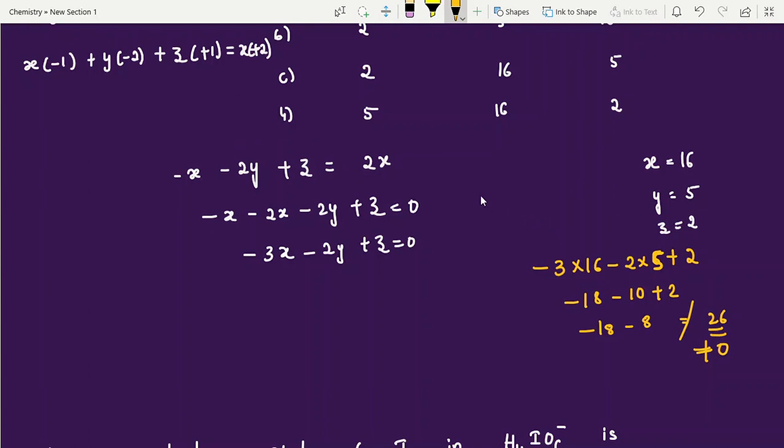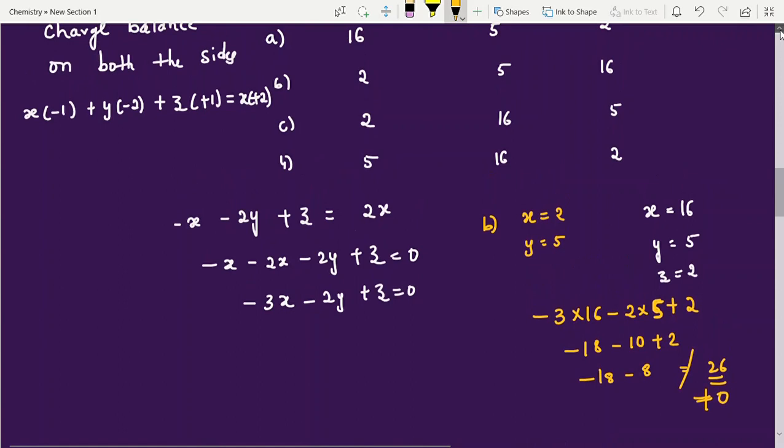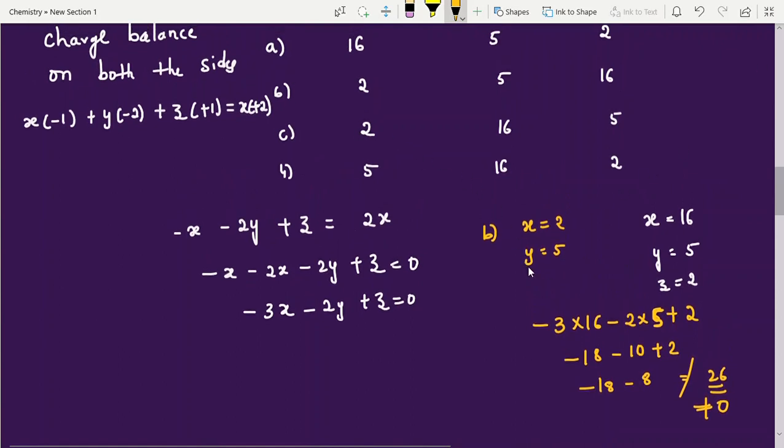Go for the B. If you calculate this one, X equal to 2, and Y equal to how much I gave? 5, right? Just go through the options, students. X equal to 2, Y equal to 5, Z equal to 16. Now you can substitute.